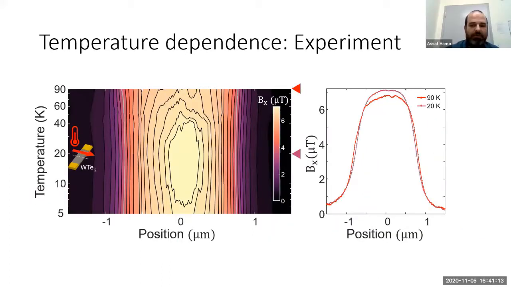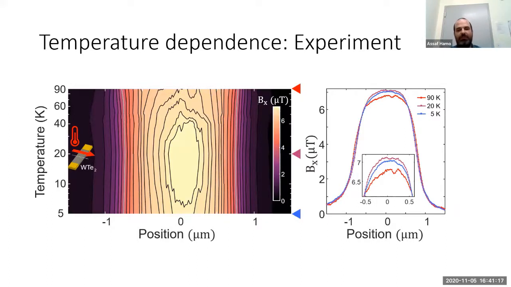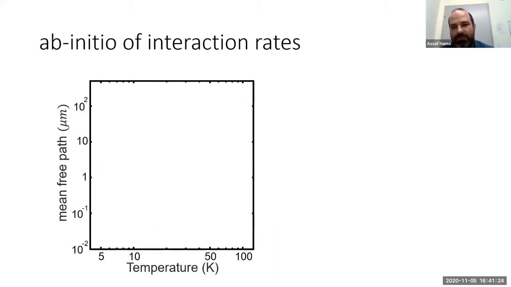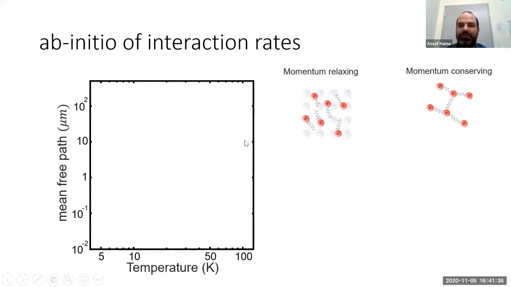Okay. So in order to understand all of that, what we did is we used ab initio, first principle calculation based on the lattice of tungsten ditelluride, and from that we got the 2 kinds of interactions in the system: the momentum relaxing interaction and the momentum conserving interaction.